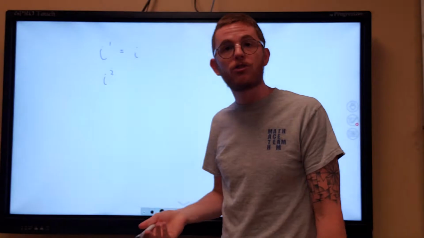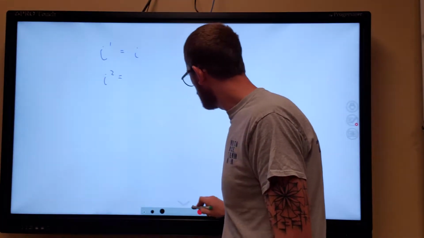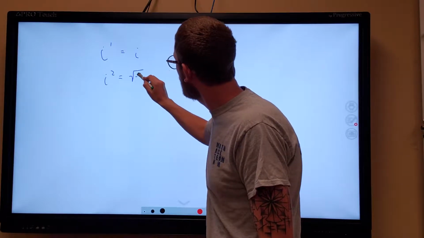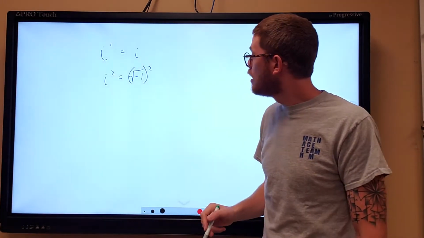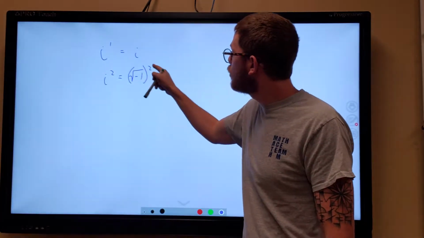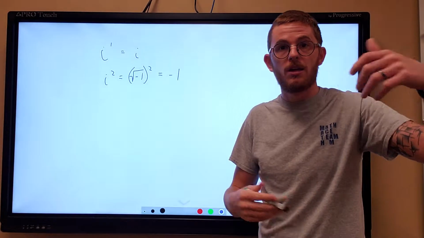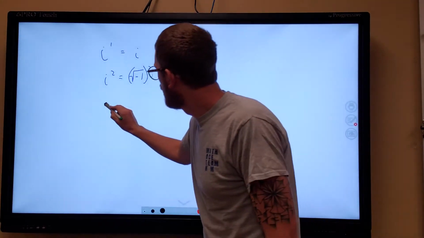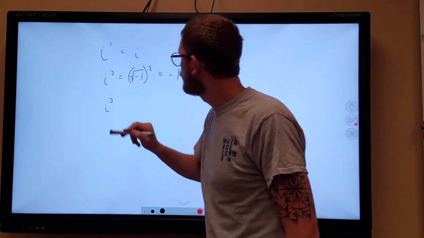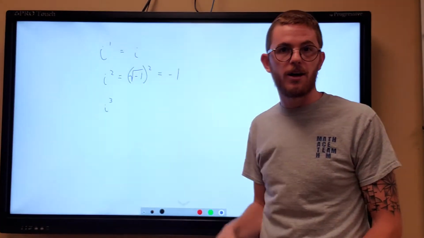Let's think about I squared. Well, this is the square root of -1 squared. And whenever we have a square root being squared, those cancel each other out and give us -1. I raised to the third power, notice we're counting up: I to the first, I to the second, I to the third.